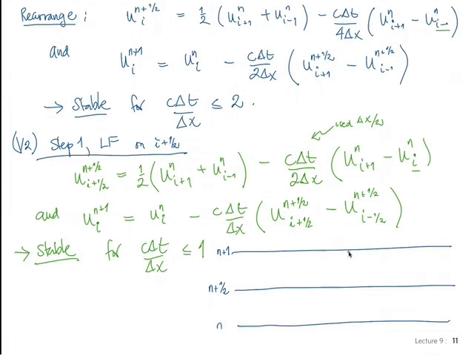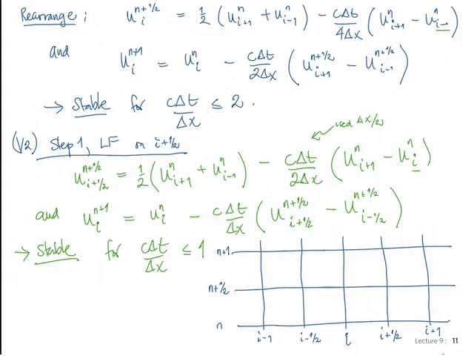And we're going to look at i. We're going to look at i minus 1/2 and i minus 1, i plus 1/2, and i plus 1. So first we need to get all the midpoint values for this second version.